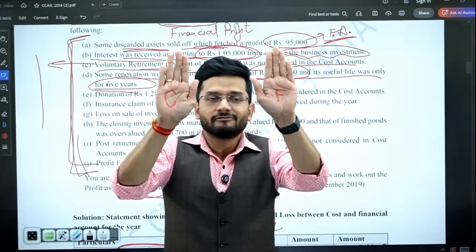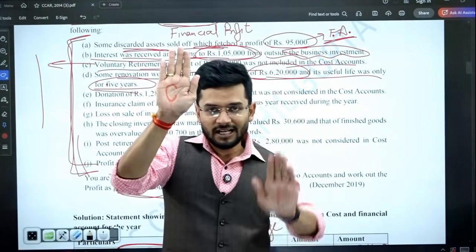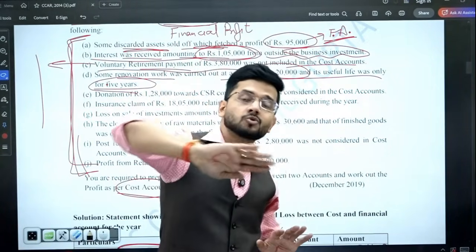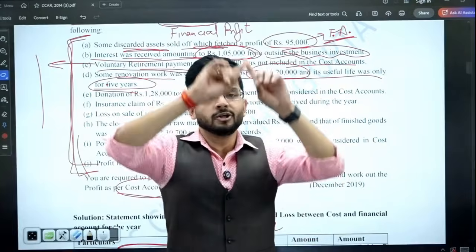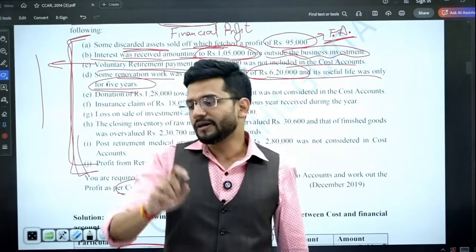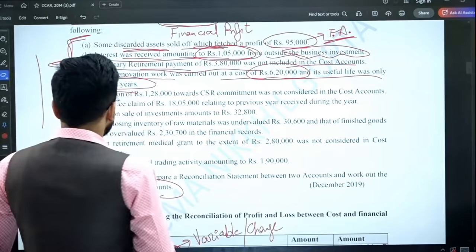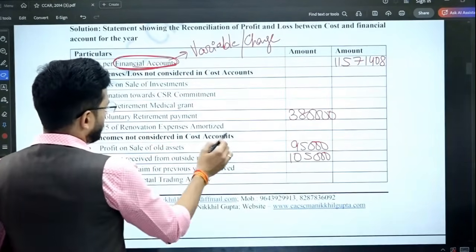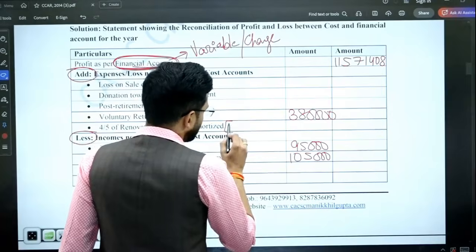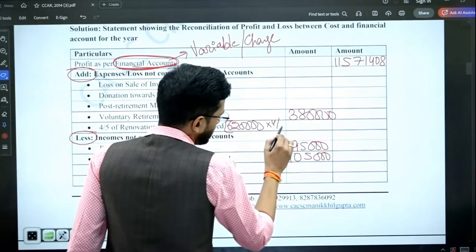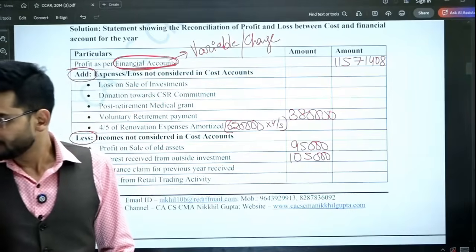Add to financial profit 4/5 of the amount. Because the amount which was required to be reduced was only 1/5, and you have reduced the entire amount. So we will add 4/5 to equate it to costing profit. So 4/5 of this 6,20,000 will be added. 4/5 of renovation expense amortized. 6,20,000 multiplied by 4 divided by 5.